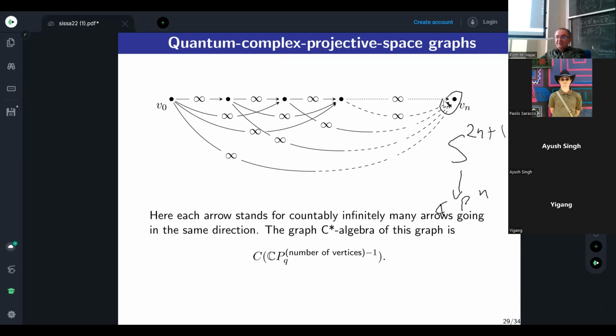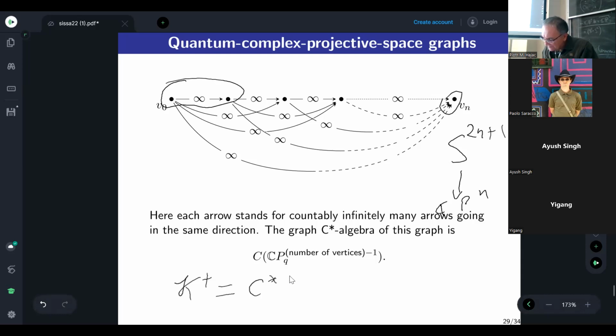And here in particular, you have the famous Podleś sphere. So if you have n equal to 2, then 2 minus 1 is 1. And what is quantum CP^1? It is a 2-sphere, right? So then that's your graph. And this is the C* algebra of the standard Podleś quantum sphere, which is the minimal unitization of compact operators. Okay, so let me write it like this: if I take compact operators and minimal unitization, then this is the graph C* algebra for this graph.